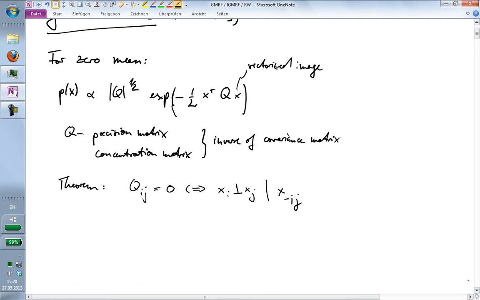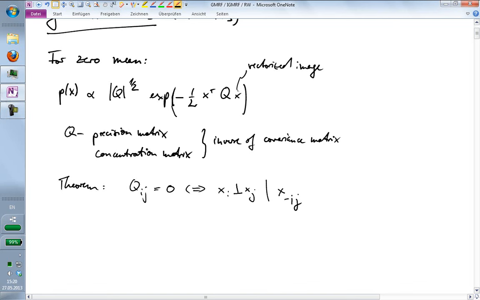If you want to admit a mean mu, then you get something very similar. You just have in your quadratic expression x minus mu transpose. So you just replace x by x minus mu.